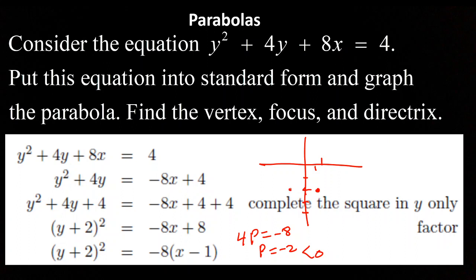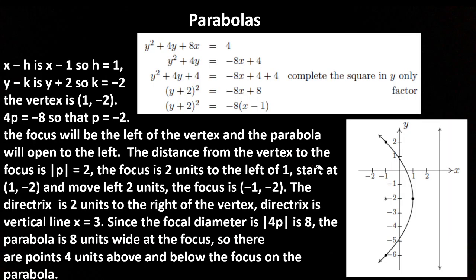Erase that too. 2 units to the left is the focus. 2 units to the right is the directrix. So that's the focus right there, and that's the directrix. Sorry about that. All right. I'm not going to edit the video because it takes a long time to edit, and it's a natural thing to make mistakes.